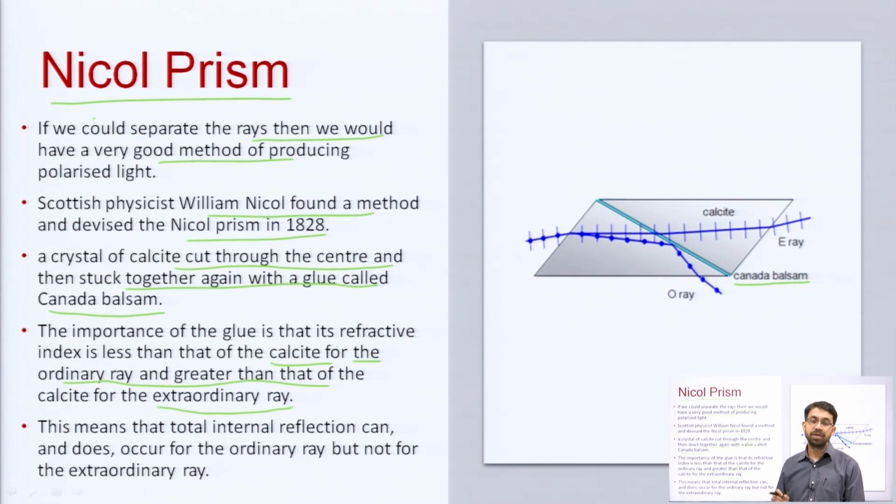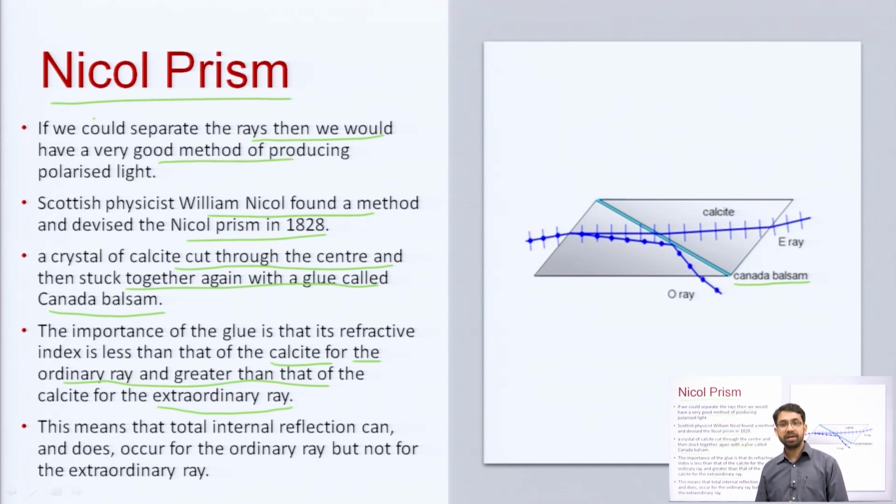So, what will happen? The extraordinary ray will enter easily into this glue and the ordinary ray will not enter, due to the process of total internal reflection. Now, what is total internal reflection?